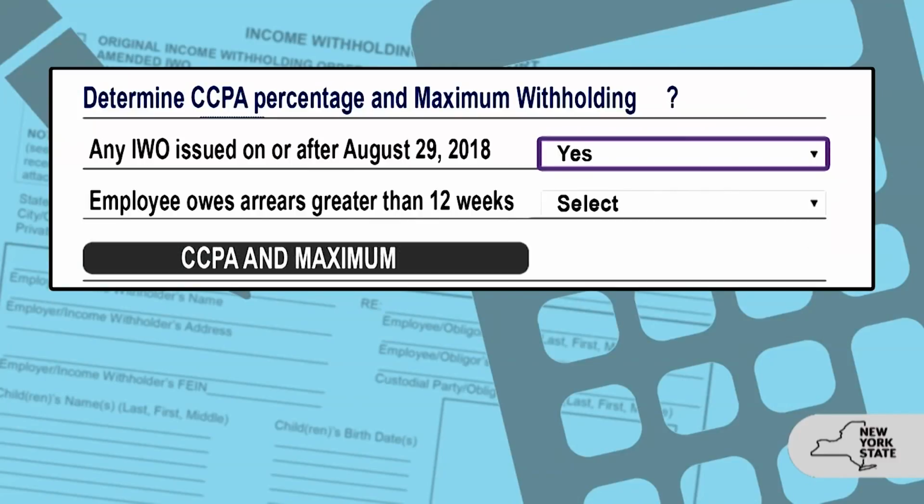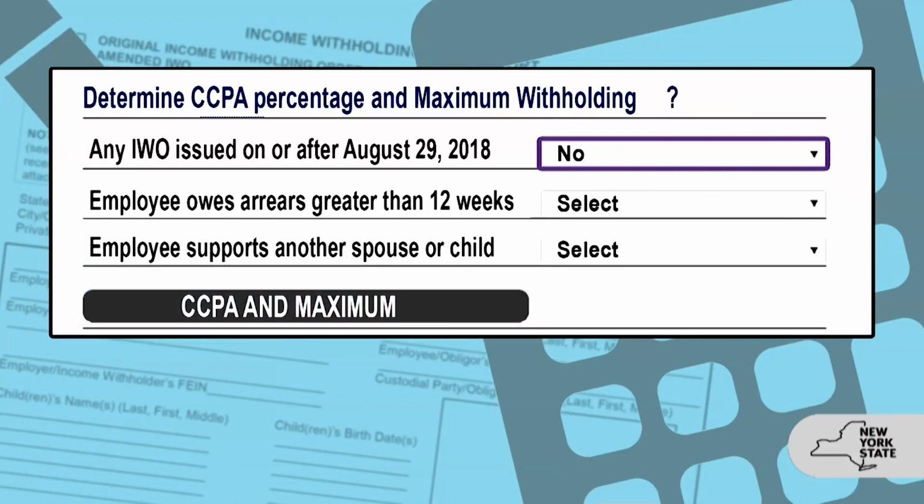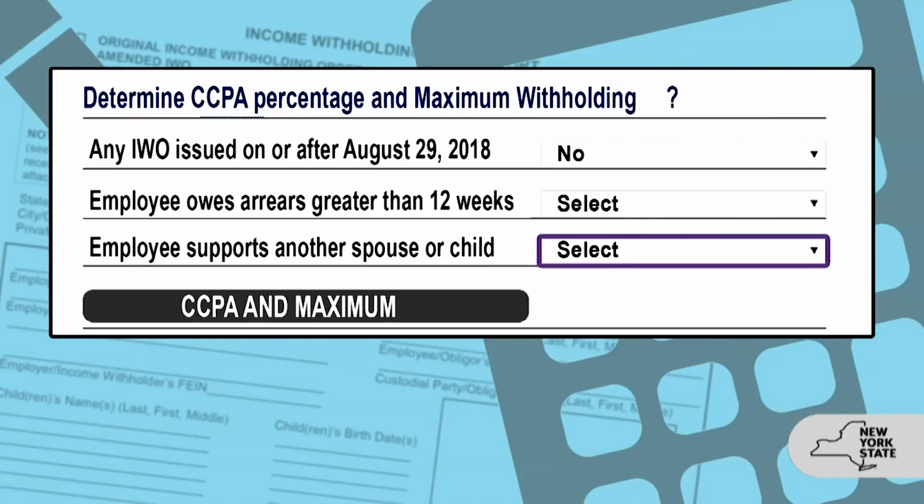If the date of the IWO is on or after August 29, 2018, there is one question we must answer. In our example, select No, as the date of the IWO is prior to August 29, 2018. You'll see an additional field.